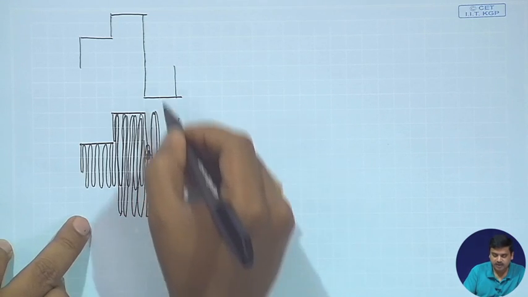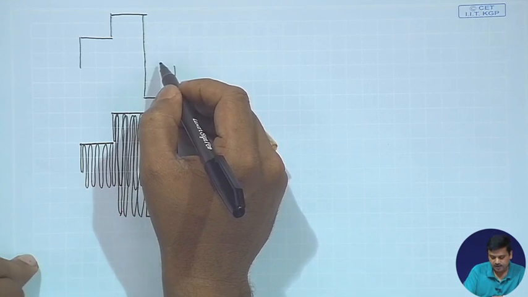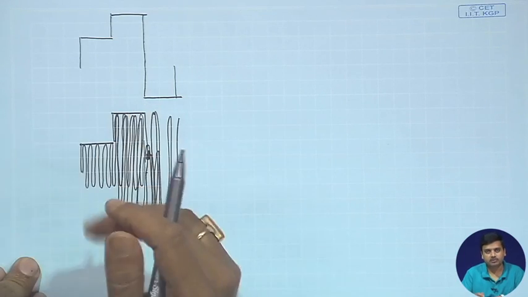So, this is with carrier, this is in baseband, and generally this looks like the amplitude modulation.